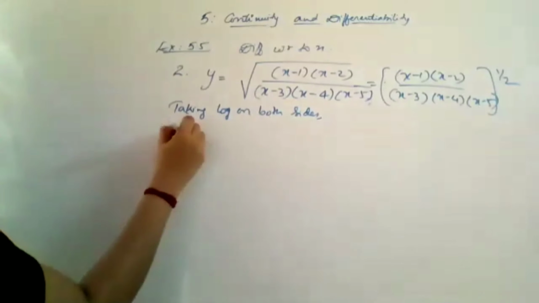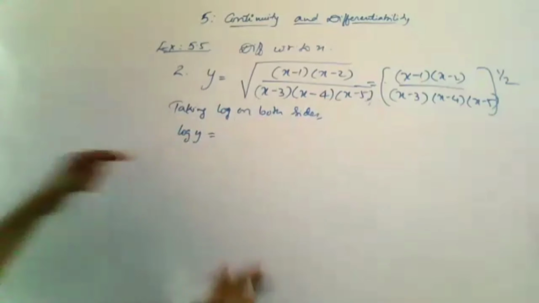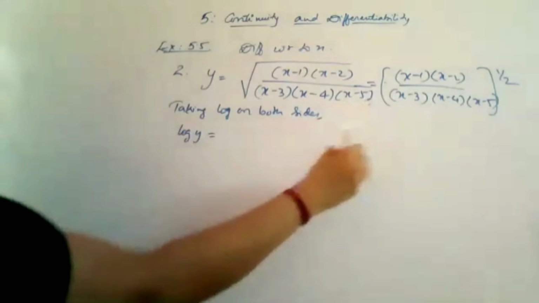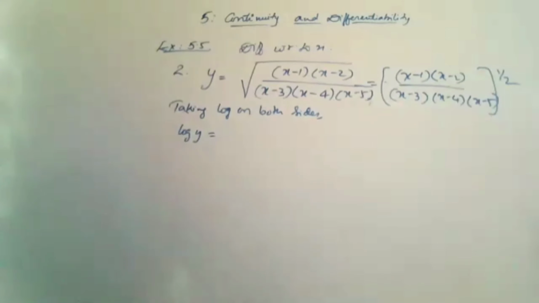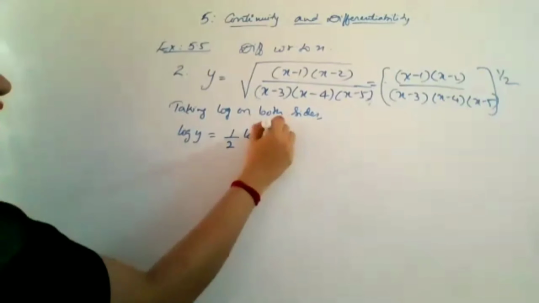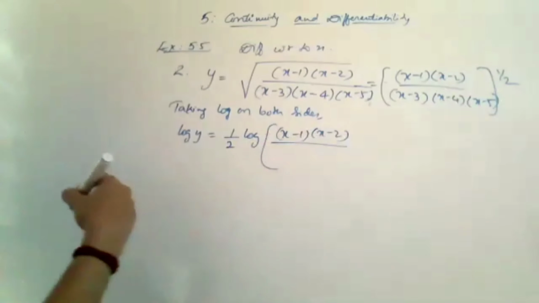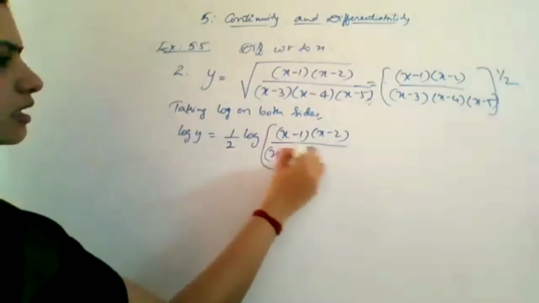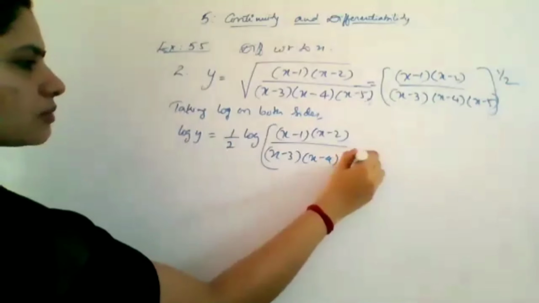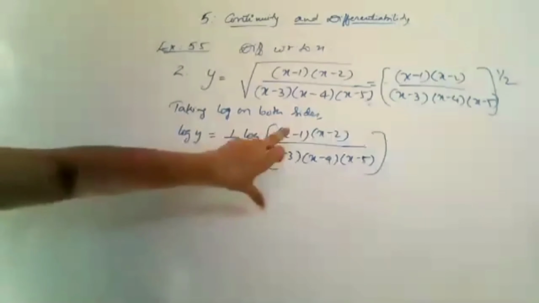to become log y is equal to. Now I'm directly applying, or you can just write one more step, that is log of, and then apply 1 by 2 log of this whole term. Okay, 1 by 2 log of the whole term which is given. (x minus 1) into (x minus 2) divided by (x minus 3) into (x minus 4) into (x minus 5). Now again, log of this is product.